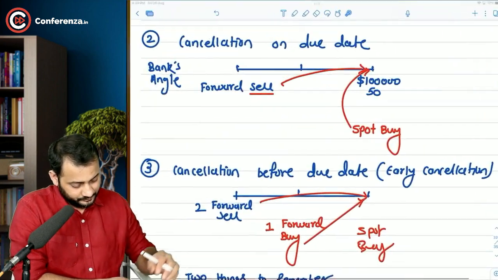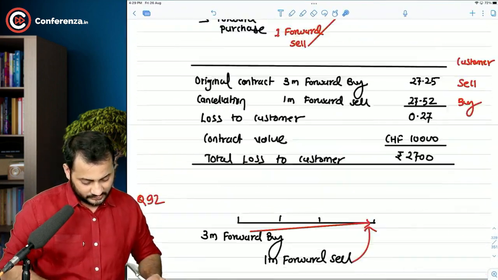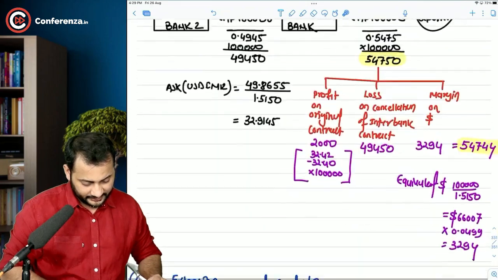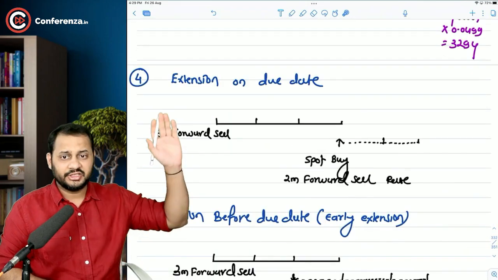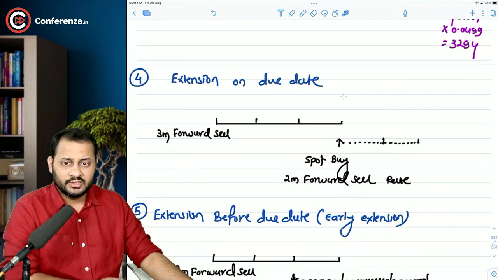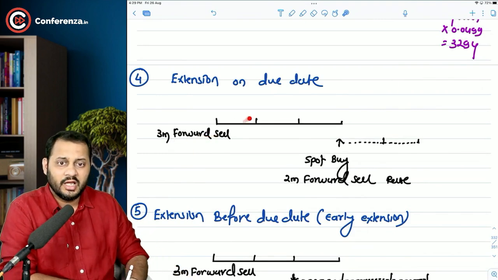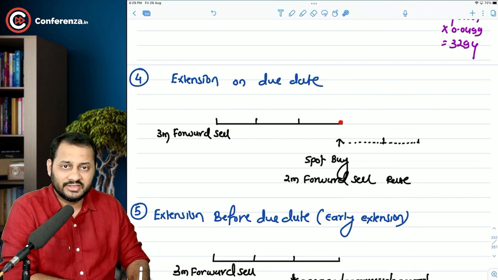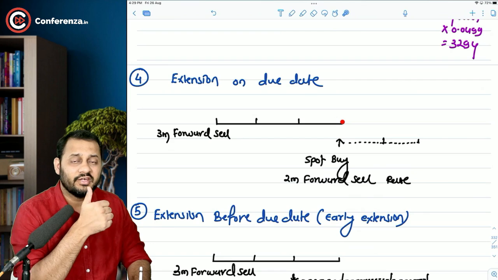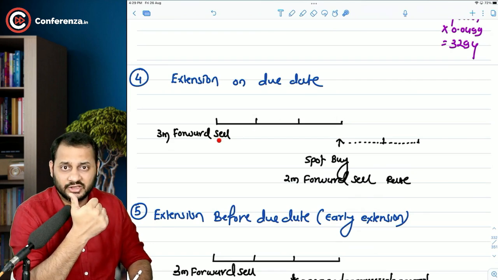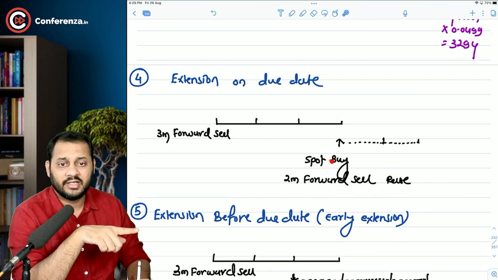Okay, let's read the matter once again and move on. Extension on due date. See, 3-month forward sell contract. This is the original one, and it is expiring on this due date. And on this due date itself, you are going to the bank and asking for extension. For extension, the very first thing is cancel the original contract. It's a sell, take buy.